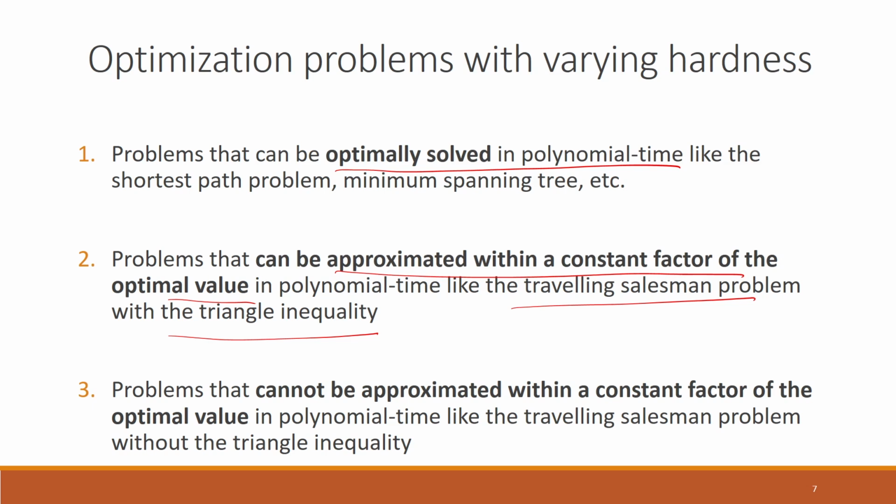And then there is a third category of problems, which are the hardest among the above two categories. These problems cannot be approximated within a constant factor of the optimal value in polynomial time, like the traveling salesman problem without the triangle inequality. For these problems, it is not possible to come up with approximation algorithms, but that does not mean that we will not be solving these problems.